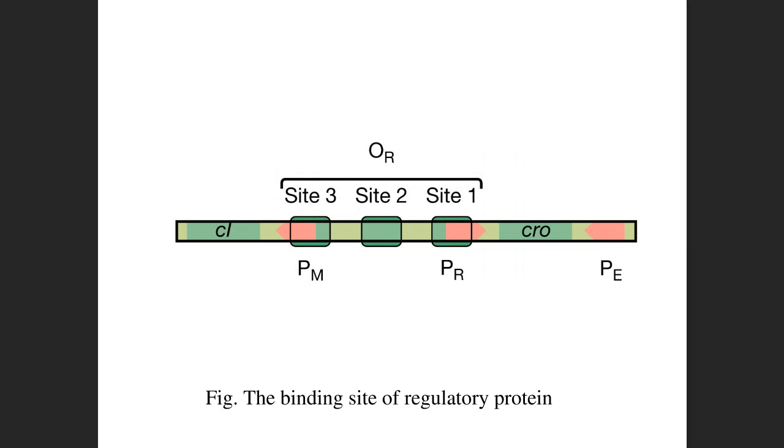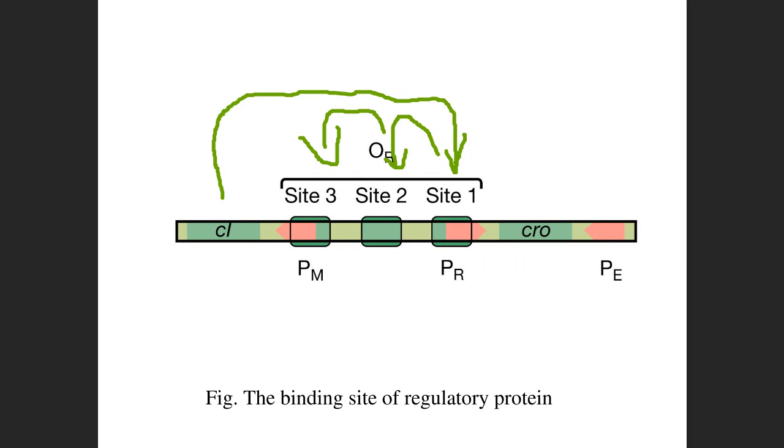The C1 protein will be transcribed and translated, and the C1 protein will bind here first, site 1, and then site 2, and then site 3.